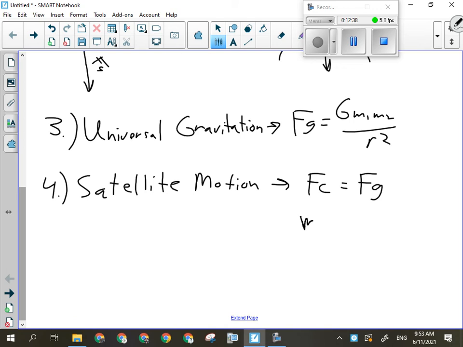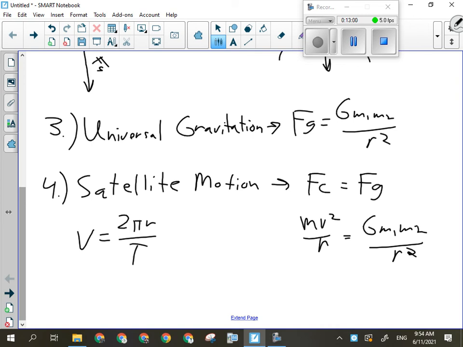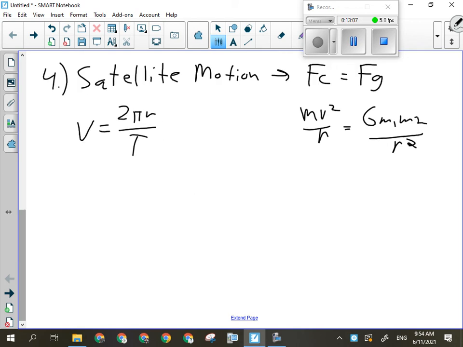Which would mean instead of writing it like this, you would have to substitute for v in order to get period and radius in there. Okay, and so if v equals 2 pi r over T, then I would have to square all of this and plug it in there, which would make it look like this.